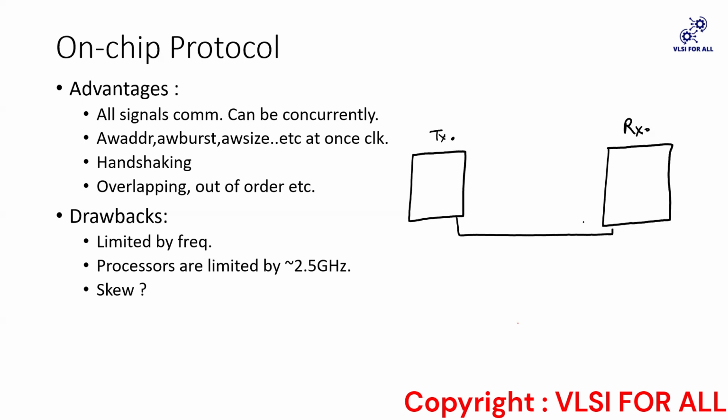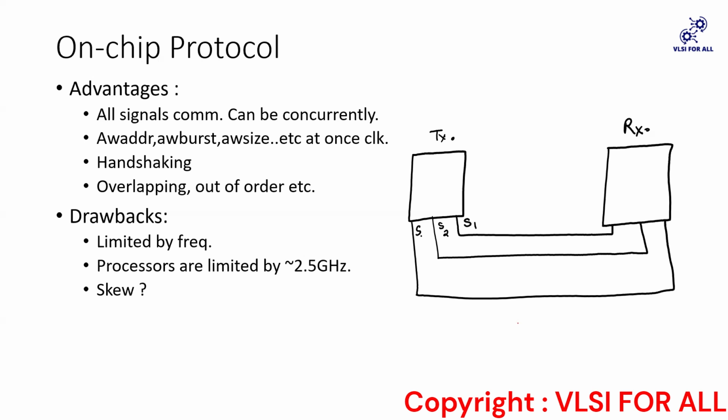So this is signal 1, S1, and this is signal 2. Definitely they can't overlap, right? This is signal 2, and let's say this is signal 3. If you see at the top level, you don't see any issue with this. But if we are at a very high clock, can you imagine 2.5 gigahertz?